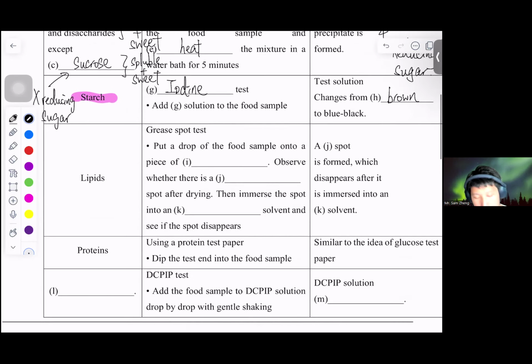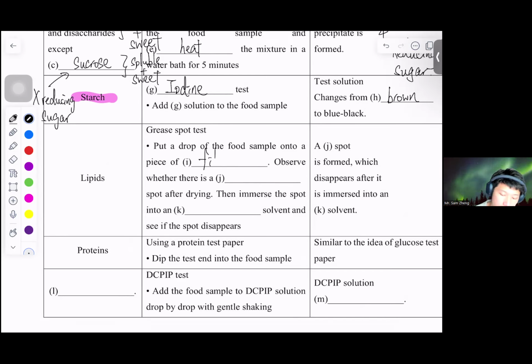Next, for lipid, we will use what we call the grease spot test. It is a test where we add a drop of a sample onto a piece of filter paper. Now, with this filter paper, we can observe whether there is any translucent spot after drying.